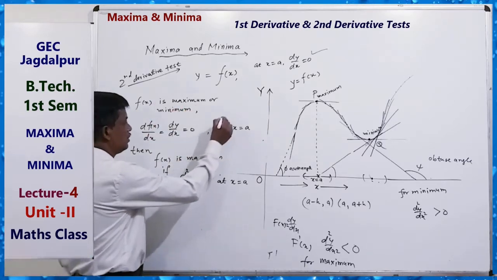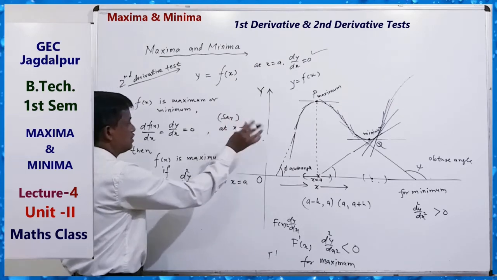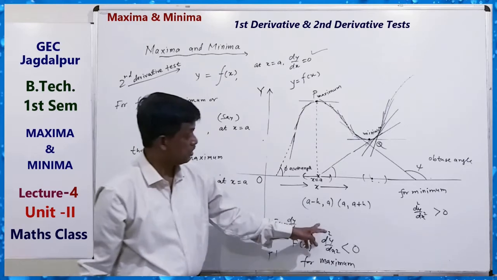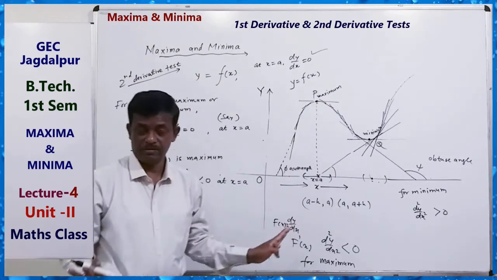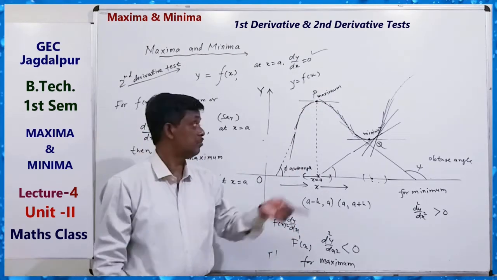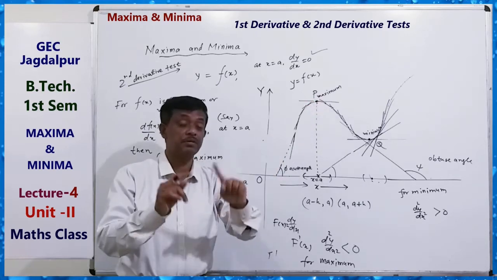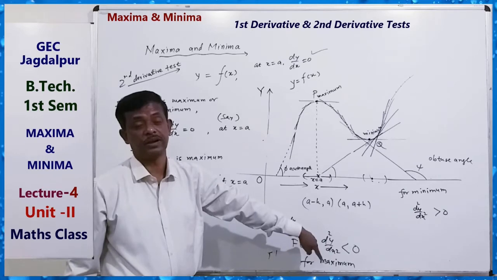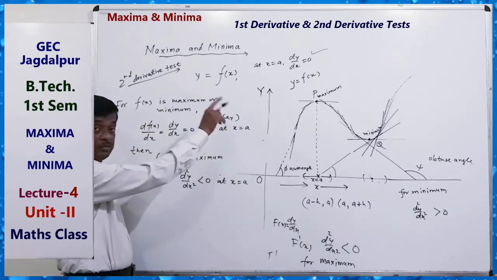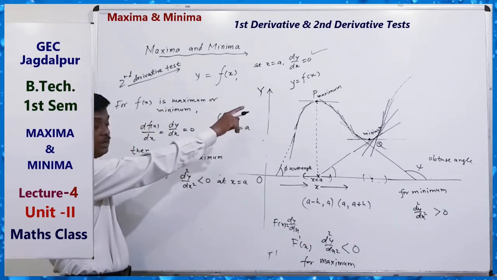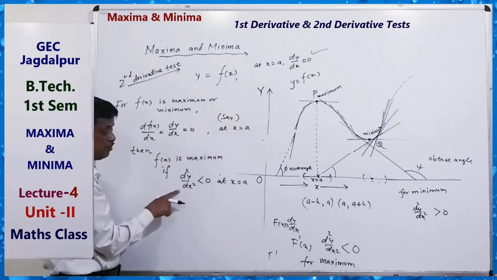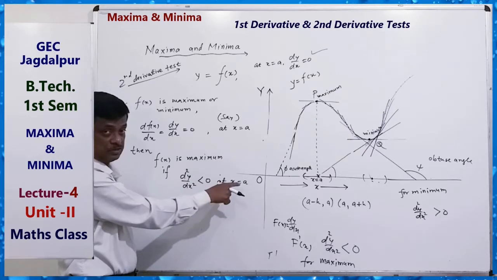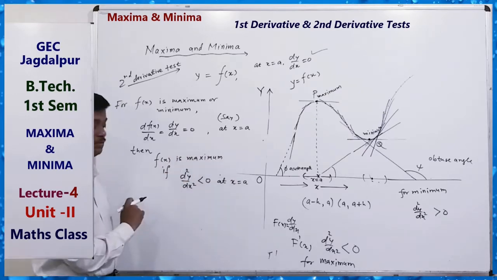For maximum or minimum, say the derivative is 0 at x equal to a. For deciding whether a is maximum or minimum, in this case you just have to find the second derivative at that point. If the second derivative is less than 0 at x equal to a, then the function is maximum.